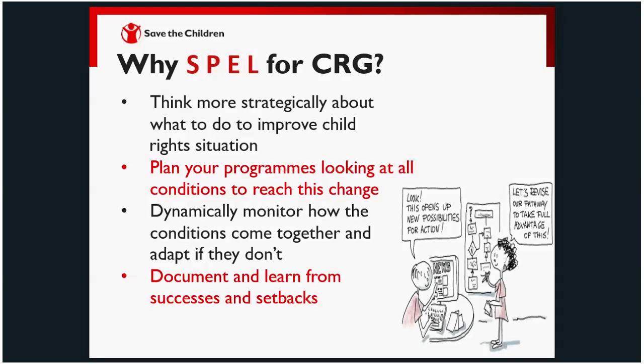So SPEL will help you dynamically monitor how the conditions, the tactics come together and adapt if they don't. And finally, those monitoring and evaluation systems lacked systematic ways to document and learn from program results, progress, successes, and setbacks. So SPEL, through its last process, will help you document and learn from successes and setbacks.